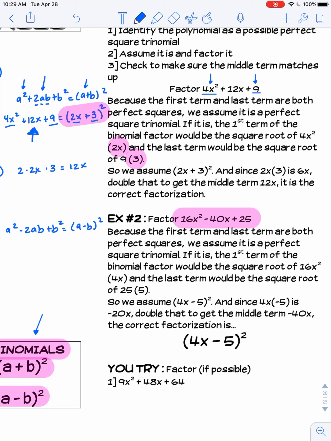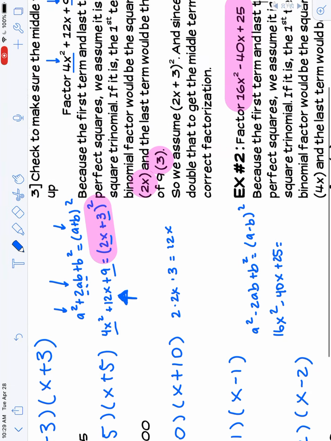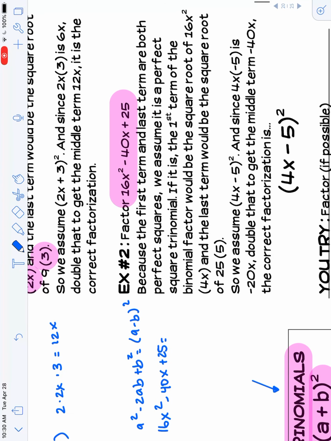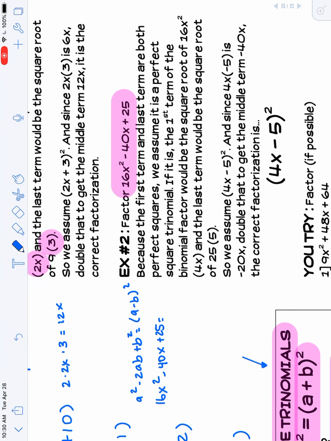So we have 16x squared minus 40x plus 25 equals, oh, here, let me turn this sideways. Sorry, this will make it easier for me. Equals a minus b squared.